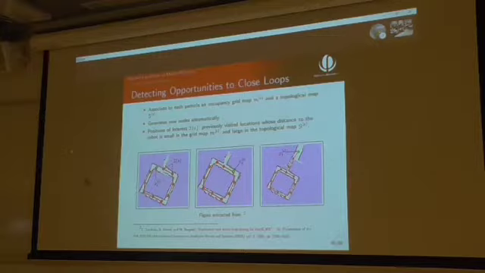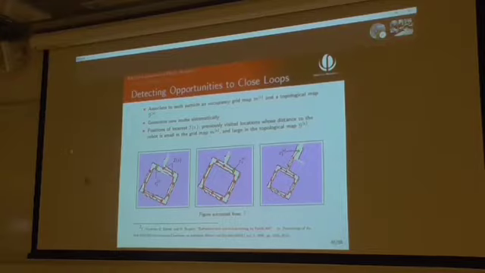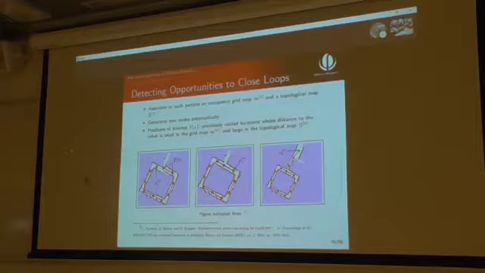A traditional approach is detecting opportunities to close loops. These are approaches being applied over graph-based SLAM. And the idea here is, when you insert a node, you check the distance of two nodes: the Euclidean distance between the position of the nodes and the distance traversed in a path over the graph.